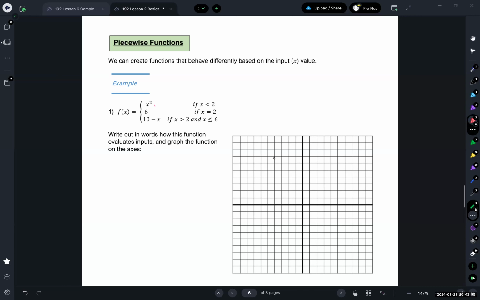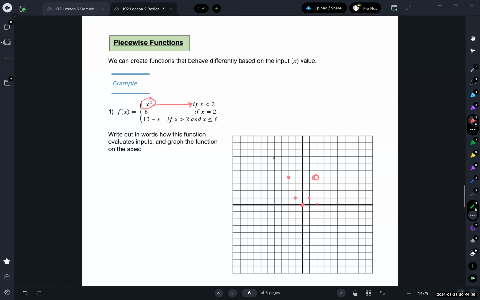So this function is equal to x squared, but only when x is greater than 2. So basically, I would come over here to where x is 2, and I would start drawing, I'm sorry, not greater than 2, that says less than 2. Well, okay, everything to the left of that then. I'm going to draw this y equals x squared graph, which we know is a parabola. It's centered at 0, 0, goes up 1 and negative 1 squared are 1, negative 2 squared would be up here at 4, 2 squared would be up here at 4.